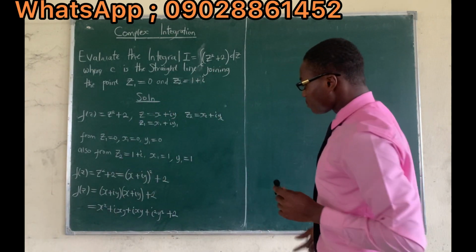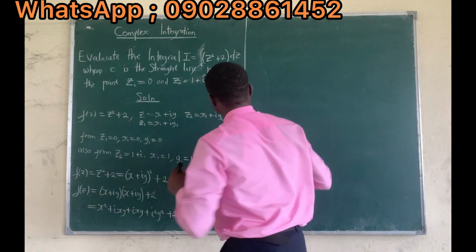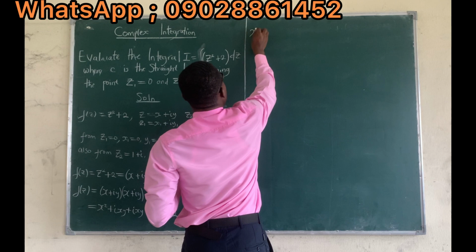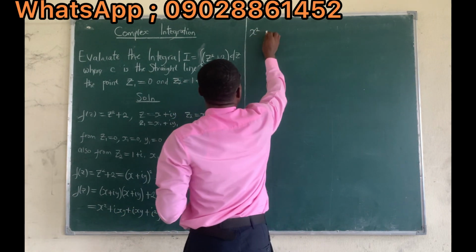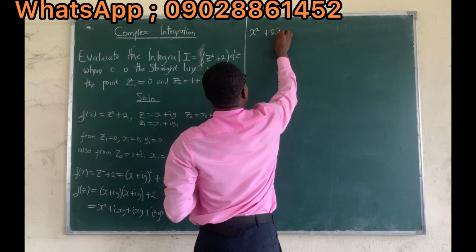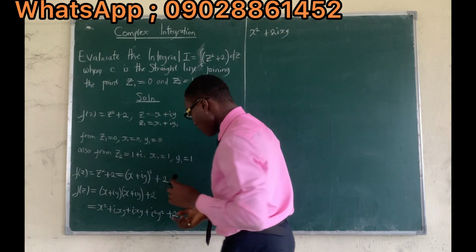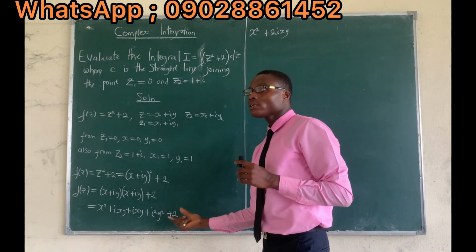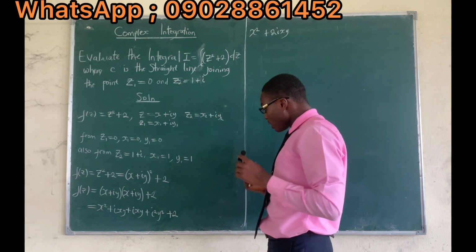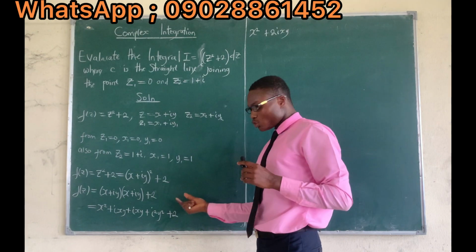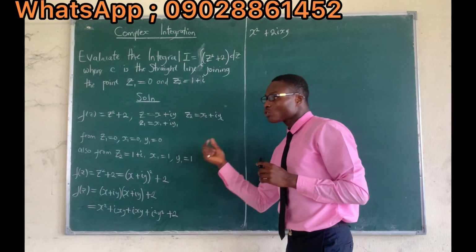So let's continue. From here we have x squared, and ixy plus ixy will give us 2ixy. Also, don't forget i is imaginary, and it is equal to the square root of minus 1.